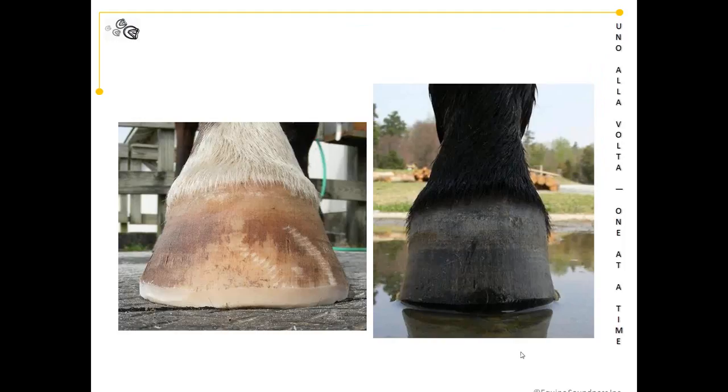Another important thing to cover is the difference between different breeds of horses. When you have a warm blood, like the one on the left side, you have a much more diverging hoof wall in general than with a pony on the right side.